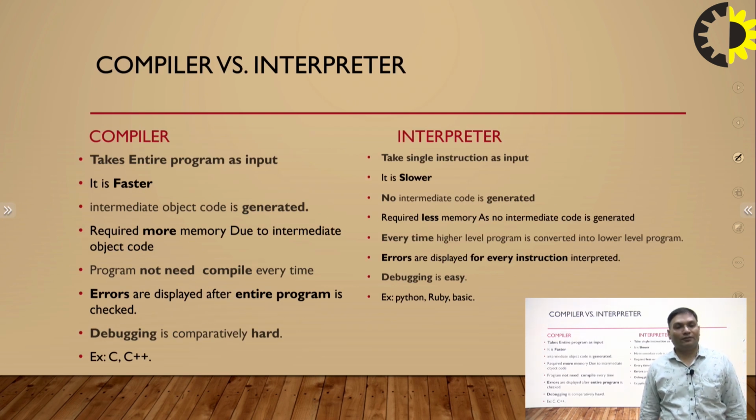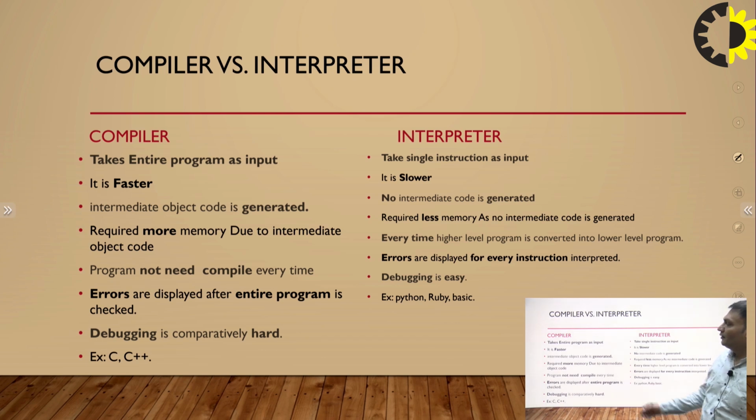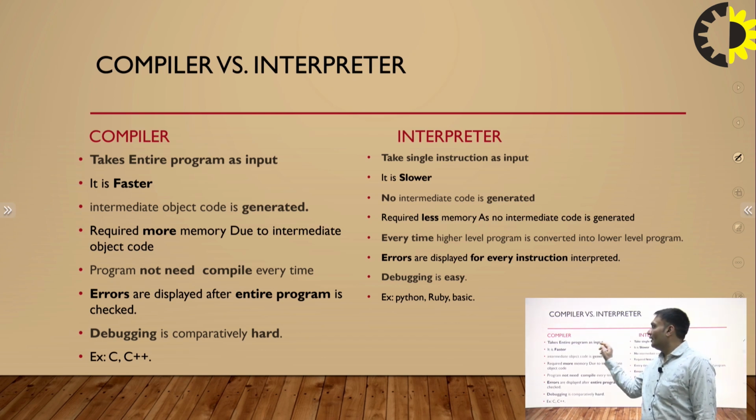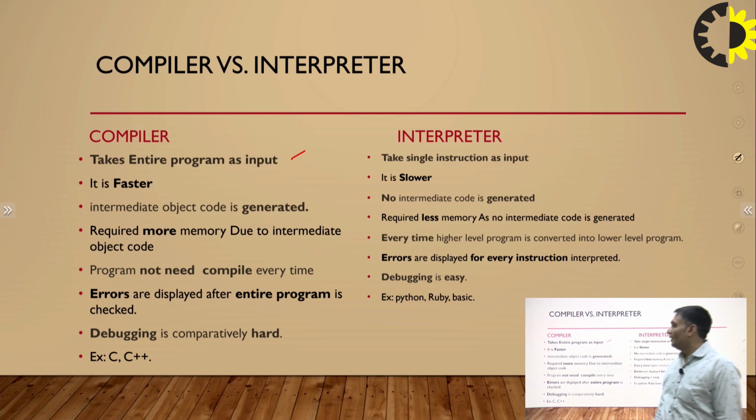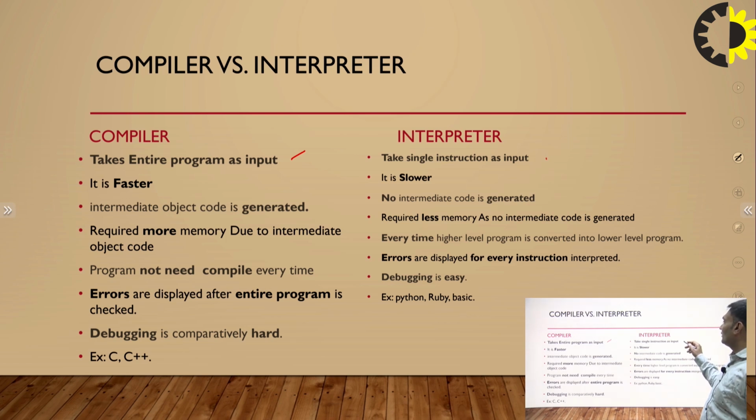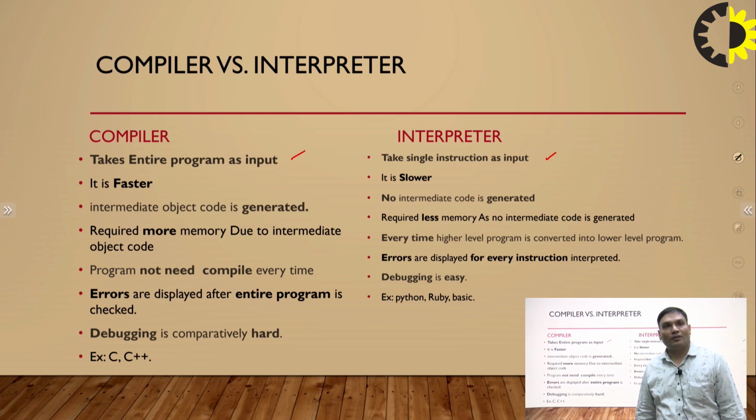Now, there is a difference between a compiler and an interpreter. So, there are a few differences, like the compiler takes the entire program as an input and converts it into the output. The interpreter takes a single instruction as an input and converts that single instruction into the output.